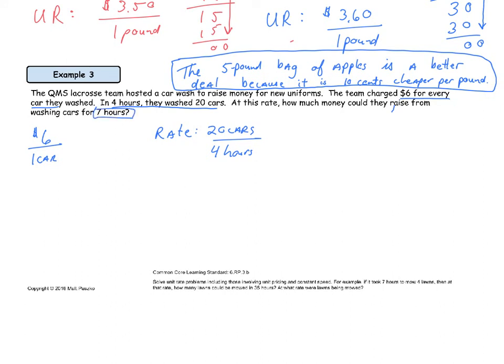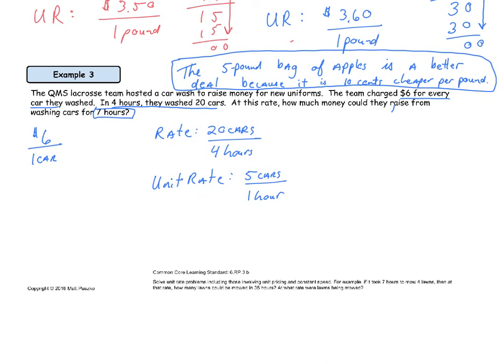So what I see here is we have to find the unit rate of how many cars they wash per hour. If we know the rate is 20 cars for every 4 hours, in order to find the unit rate, we have to divide 20 cars by 4 hours, and I end up getting 5 cars for every 1 hour.